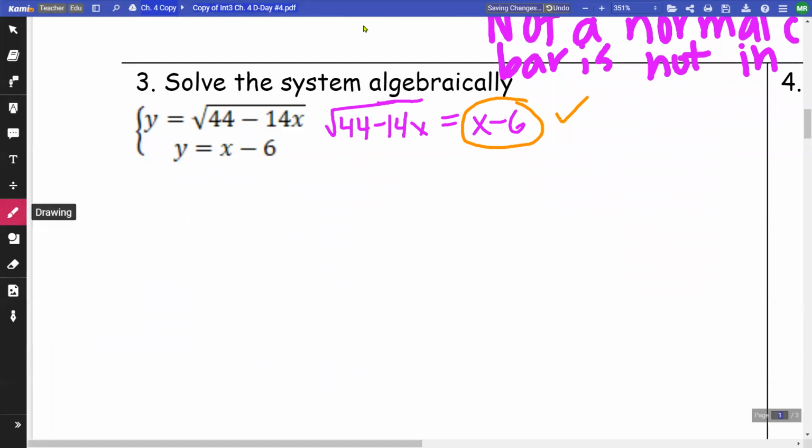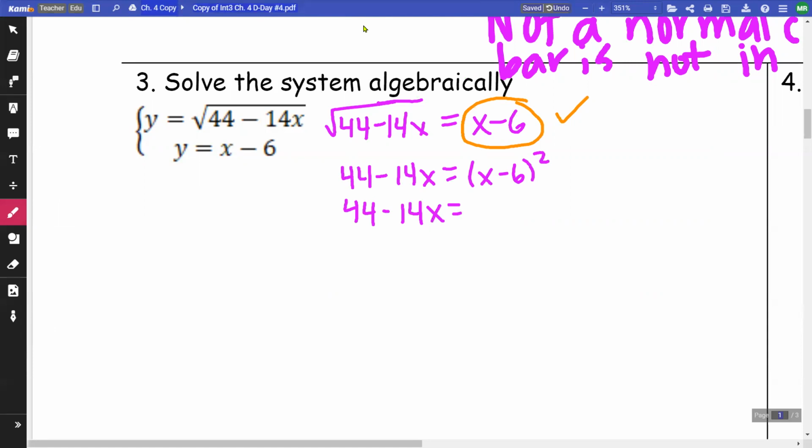Okay. So the first thing I'm going to do is I'm going to square both sides. And when I square both sides, this is going to be a 44 minus 14x. And this is going to be an x minus 6 squared. And when I square that, that is a perfect square trinomial. And so that is an x minus 6 times x minus 6, or x squared minus 12x plus 36. We want to get fast at doing those perfect squares.